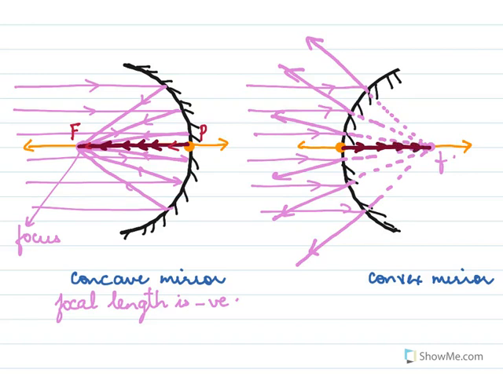From the pole we go to the focus and we go to the right, and hence the focus will be positive. So focal length in convex mirror is positive. So you got to remember this.